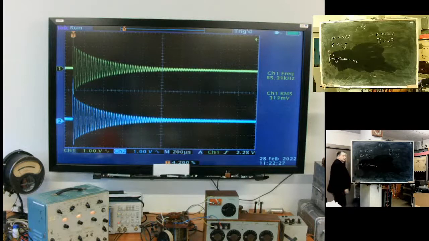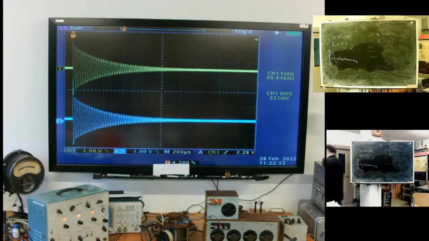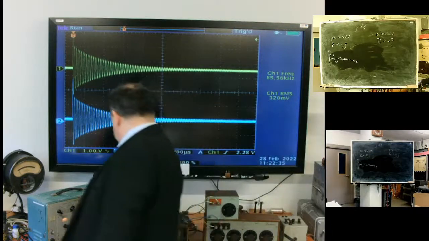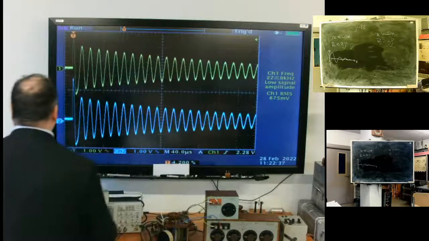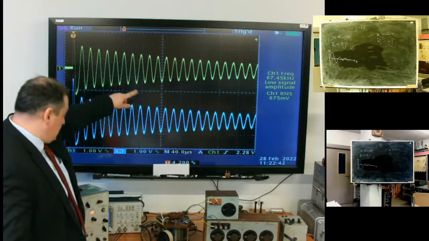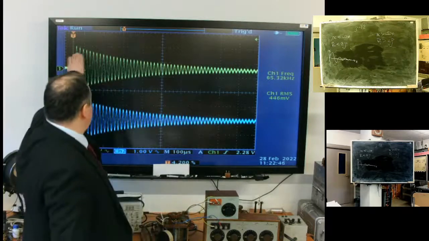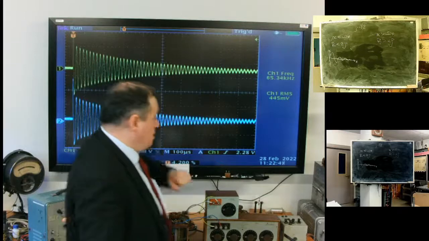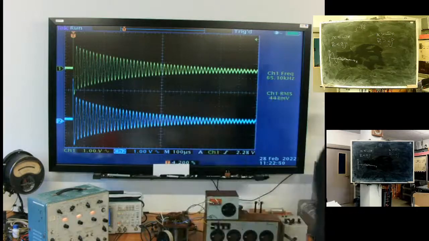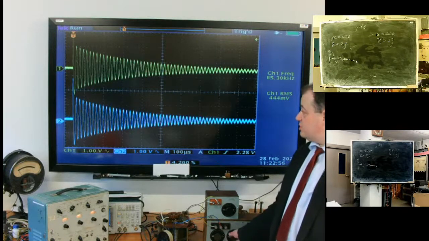Here we have a decaying signal, kind of decaying oscillations. You can see it's a sine, an ideal harmonic signal, but see, it's decaying. Now I will increase resistance. Look what happens. Okay, a bit slower.